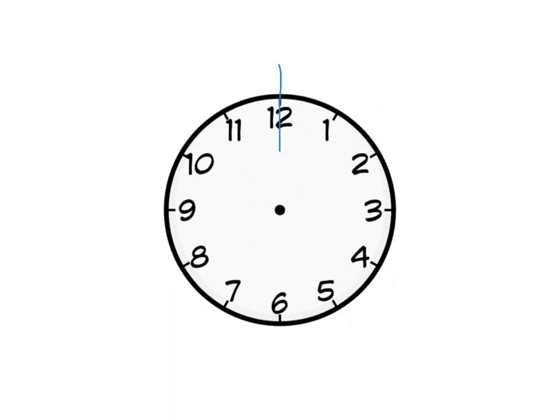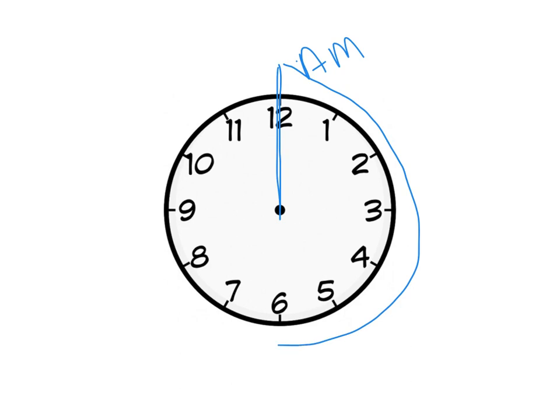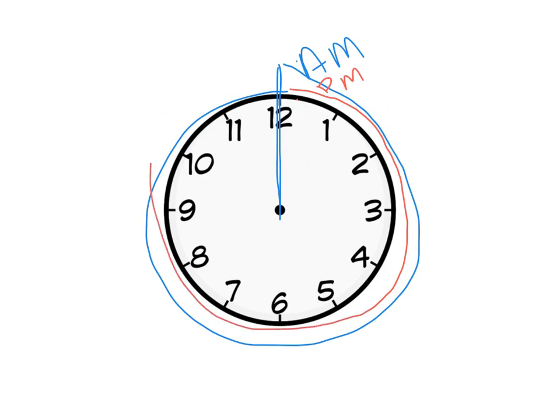So once it hits 12 right here, it starts our day, and it's the AM. It'll travel around, and then it'll hit 12 again. Once it hits 12 again, it becomes the PM and makes another lap around, because 12 plus 12 is 24.